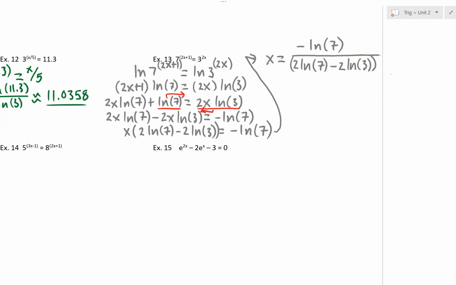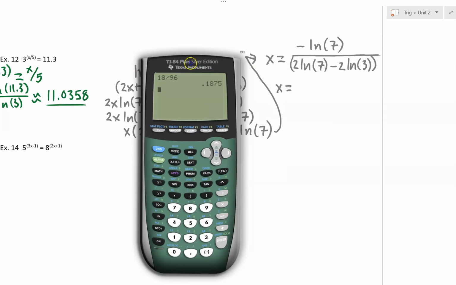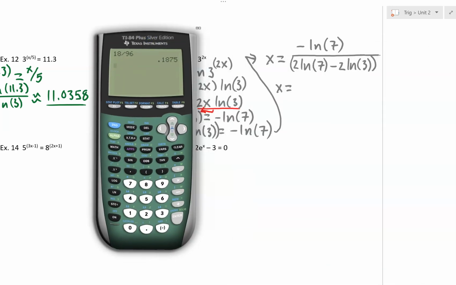Plugging all this in your calculator, we would then get an answer. So let's take a look at our calculator, make sure we understand how we can use this. You're going to need that set of parentheses at the bottom. This is going to say negative ln of 7, close your parenthesis, divided by, open a parenthesis.